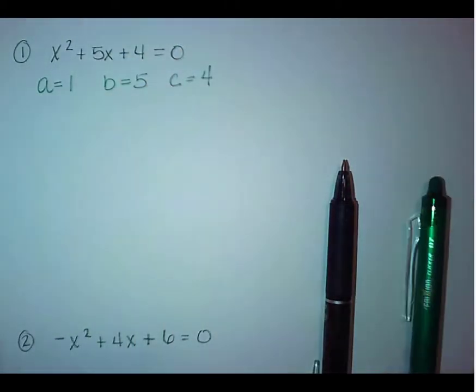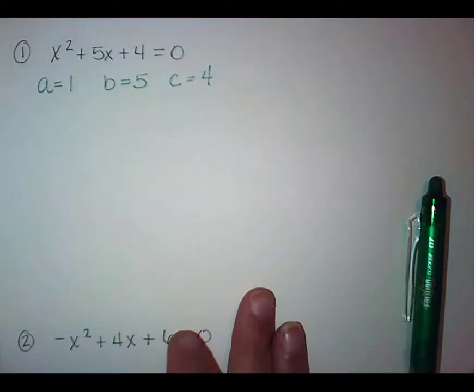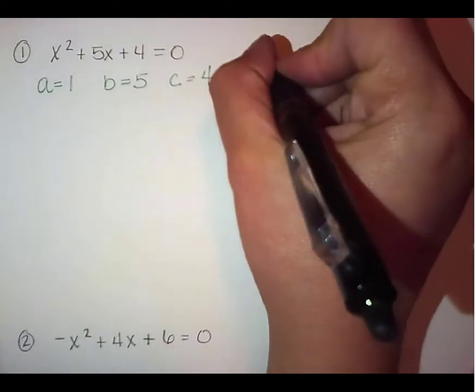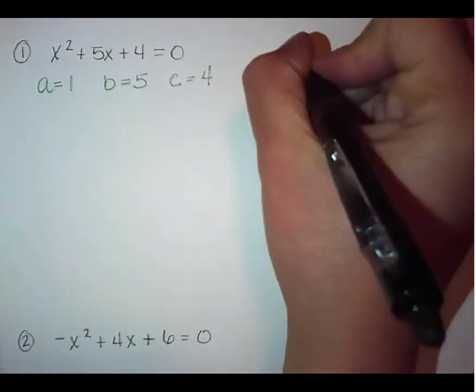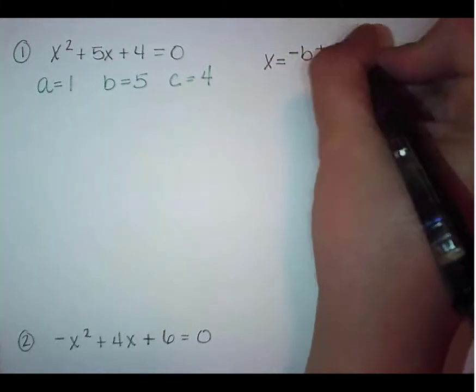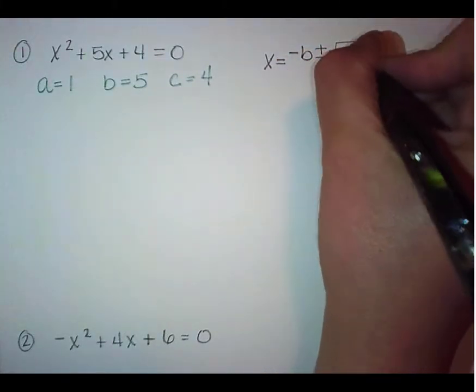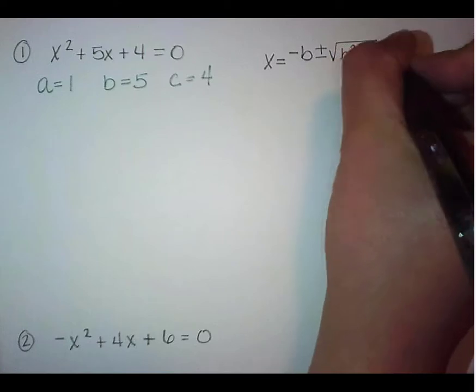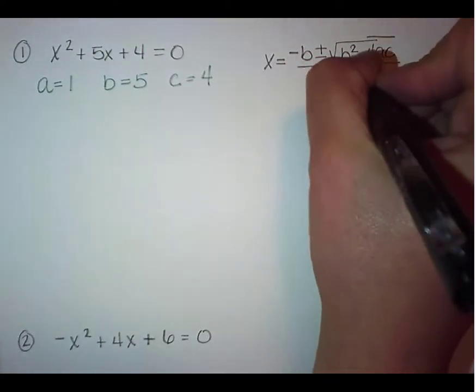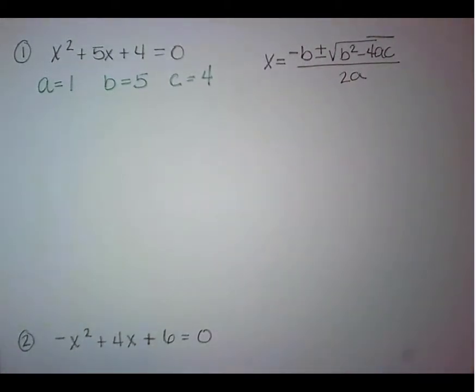So now we are going to plug this into our quadratic formula. If you need to, you can rewrite your quadratic formula here off to the side. It's going to be x equals negative b plus or minus the square root of b squared minus 4ac all over 2a. And guys, you need to start working on memorizing that formula.